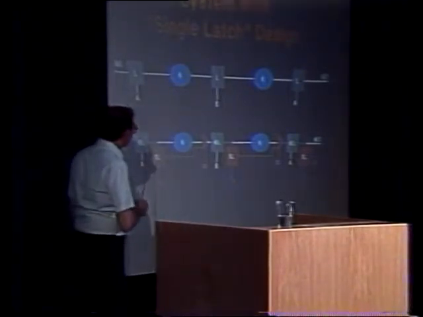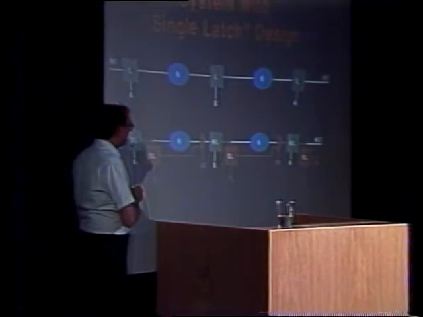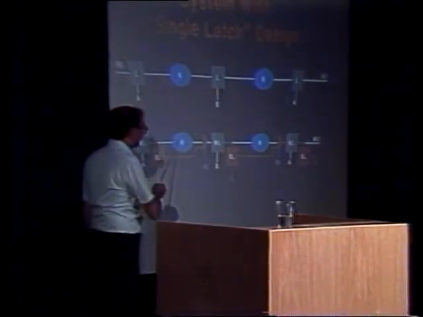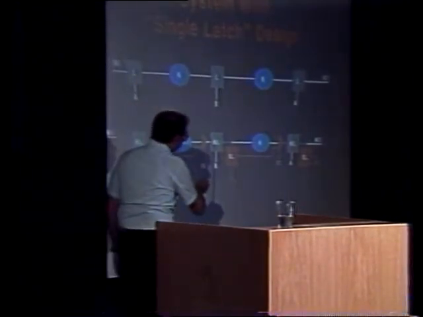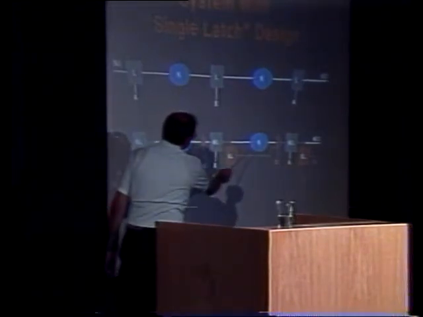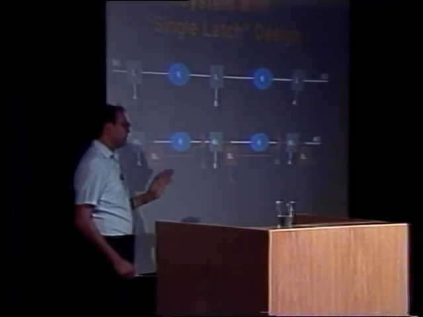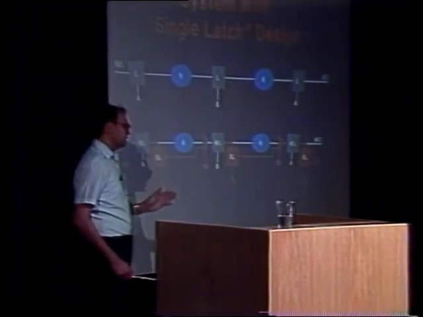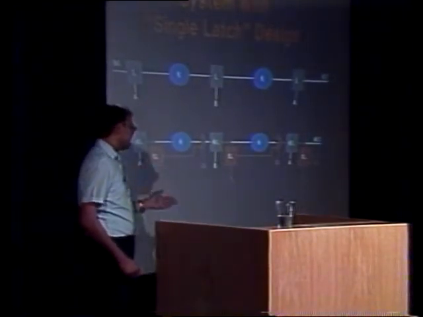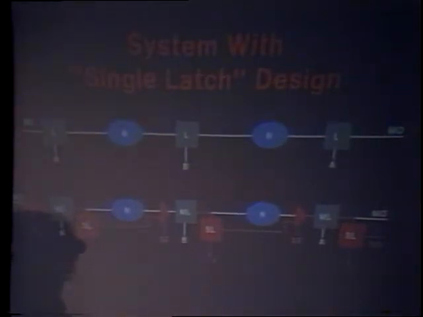When we do that, we will have the test data sitting here, ready to be applied to this circuit under test. The next thing we want to do is go back to the system mode. We apply system clocks once in order to generate the response to this test vector.